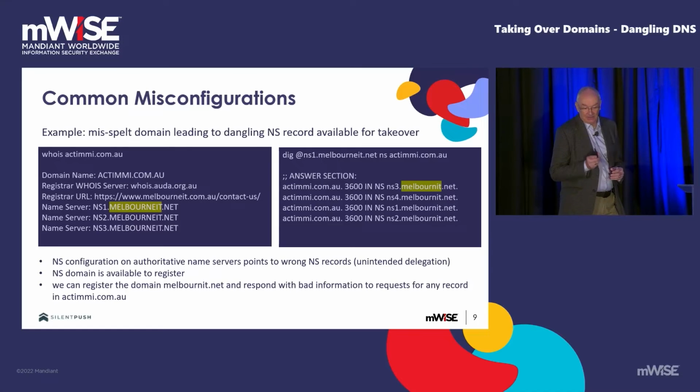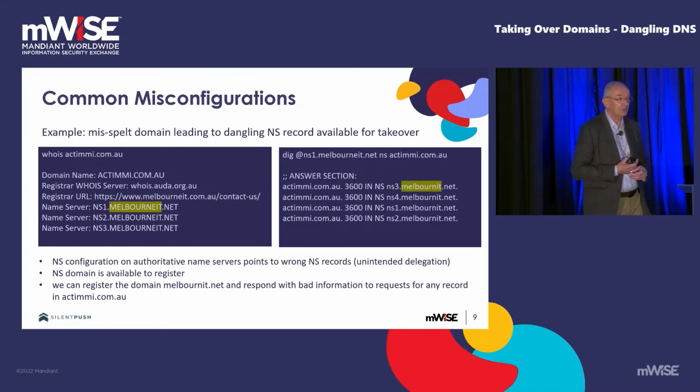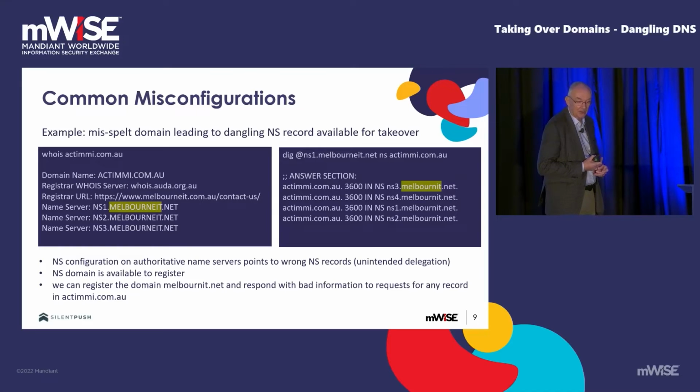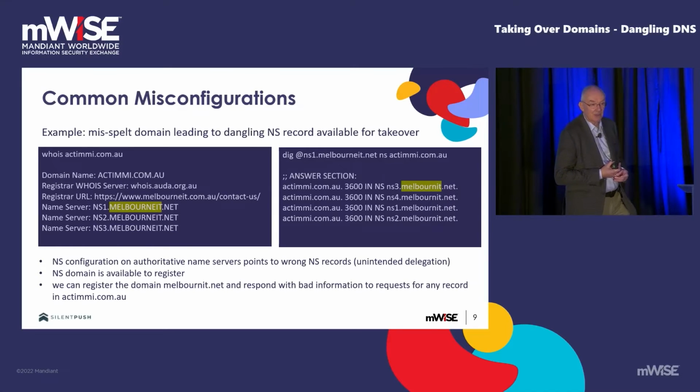So the outcome here is that we've now actually delegated our domain to some other name servers, because these are authoritative name servers and they now point somewhere else. So we have a full chain of authority for each of these queries that we do, and that means that we get valid information back. And so in this case, the valid information is wrong.